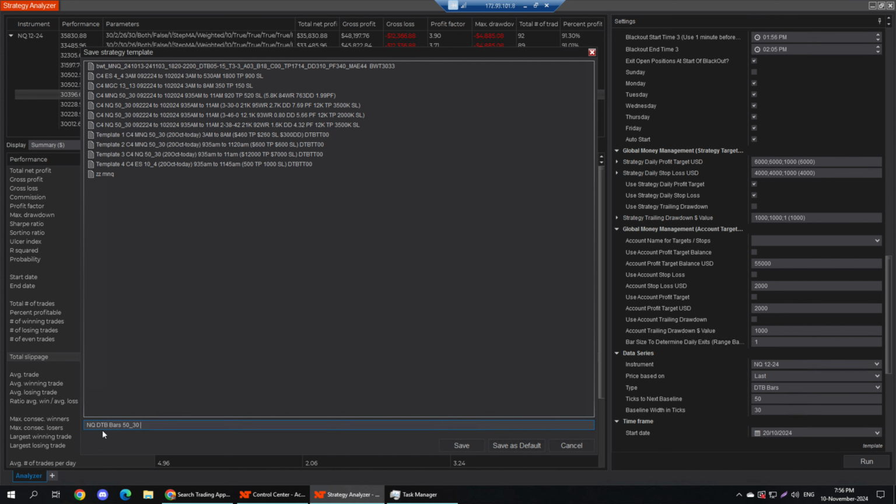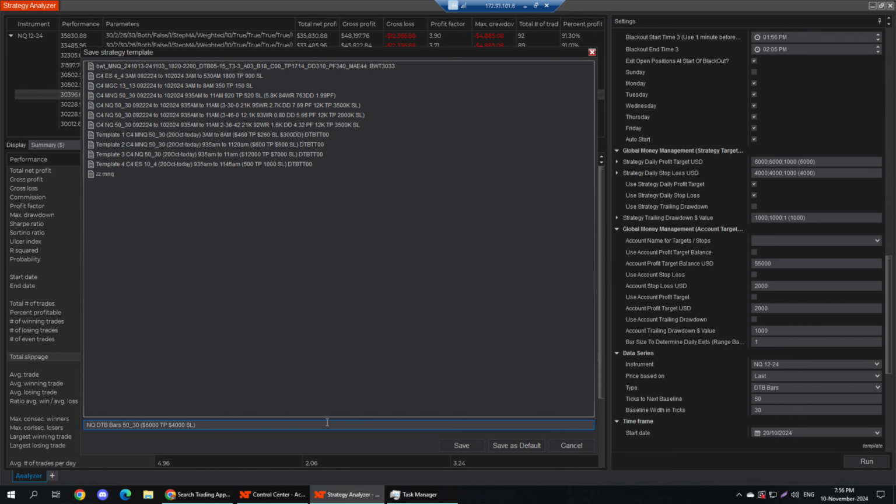So you could say NQ DTB bars 5030, and you can say there 6,000 take profit and 4,000 stop loss. Okay, so that is what the thing is.